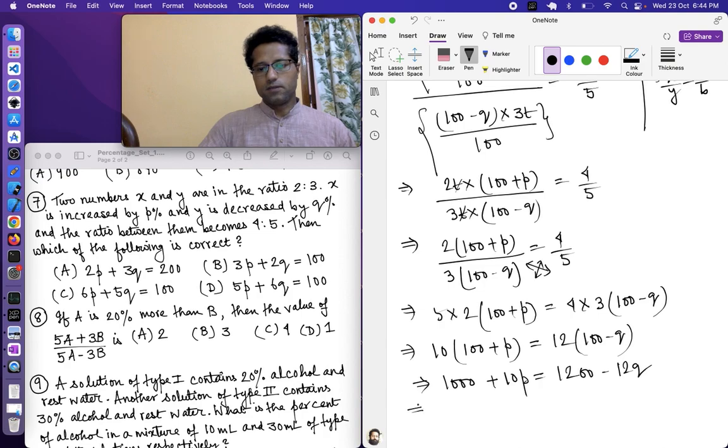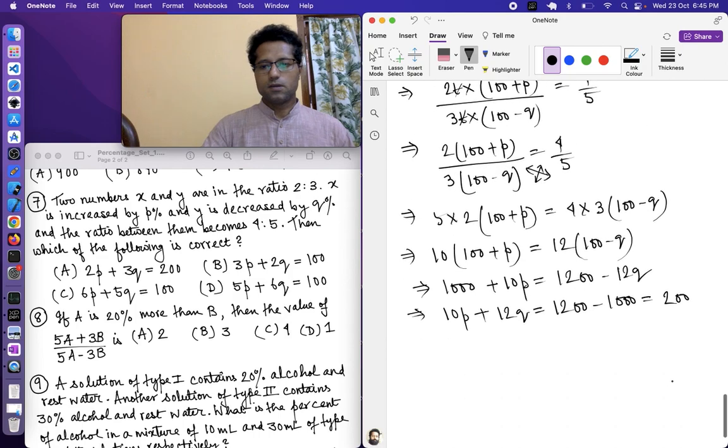Now if I bring the p and q terms to the left hand side and all the constant terms to the right hand side, I get 10p plus 12q is equal to 1200 minus 1000, which is 200. So 10p plus 12q is equal to 200.